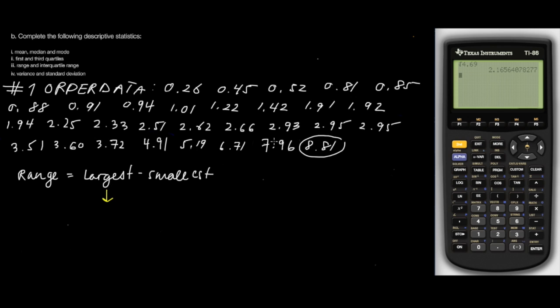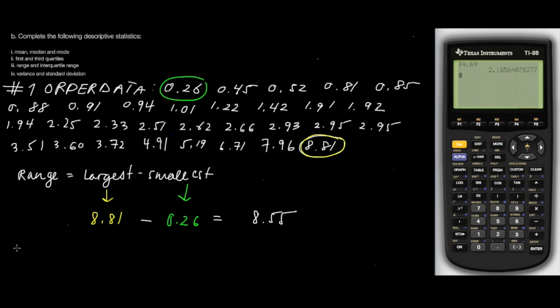So the largest value is 8.81, whereas the smallest value is simply the smallest in our data set, which is 0.26. So now, if we do one minus the other, we obtain our range, which is 8.55. Okay, that's simply it.